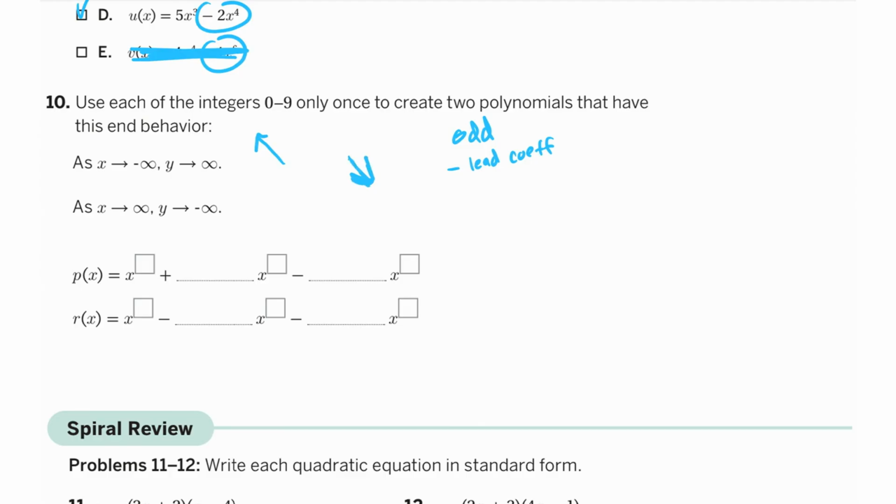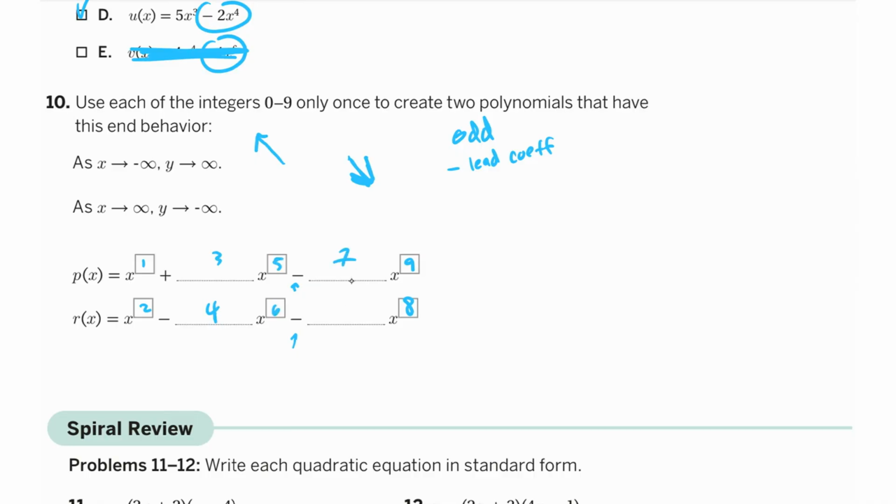With the digits 0 to 9, I can go through this pretty straightforwardly. Since the leading coefficient needs to be negative, this is going to be 9, and this one is going to be 8, because there are negatives here. From there, I can plug in any other numbers: 1, 2, 3, 4, 5, 6, 7.